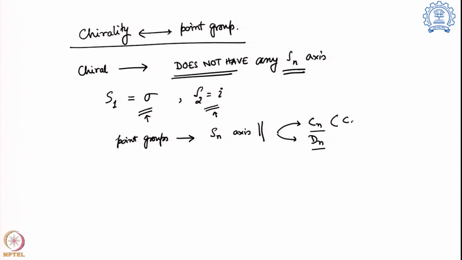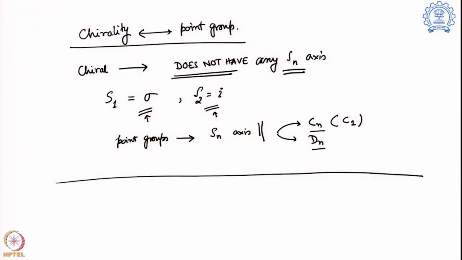I want to mention that C1 is a special case of Cn, where you have only the identity operator available for the structure of the molecule. With that covered, today we are going to cover 3 different molecular structures and find out how they are becoming chiral. So, let us go ahead with that.